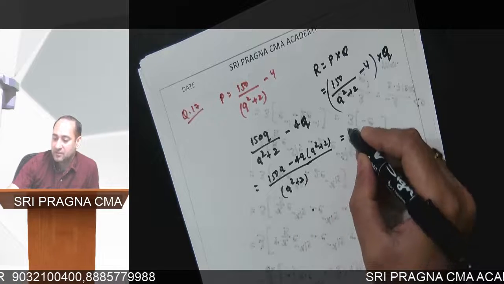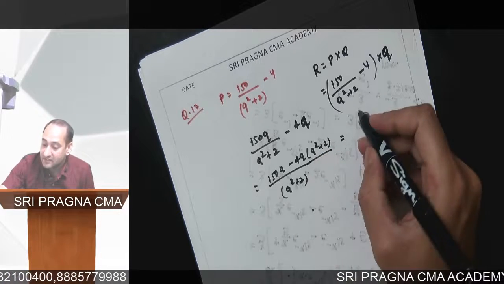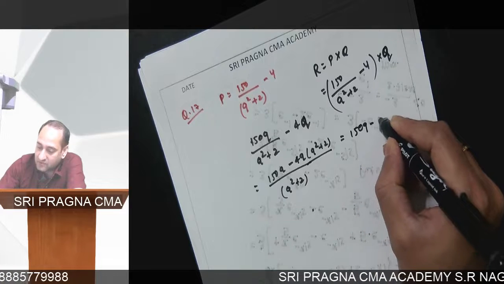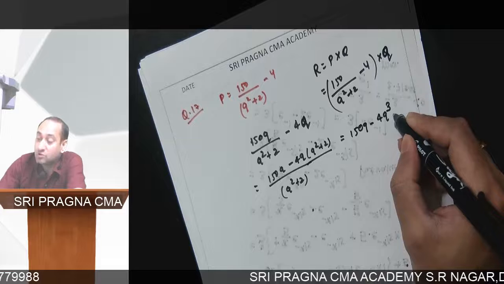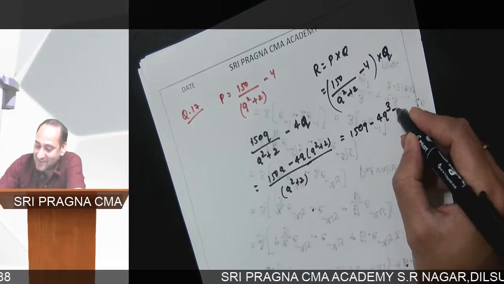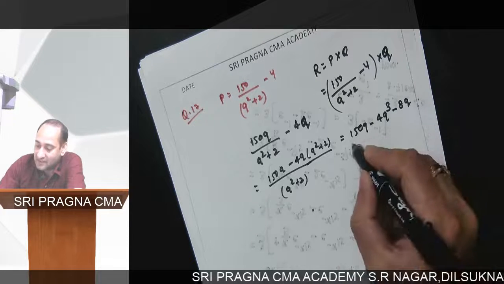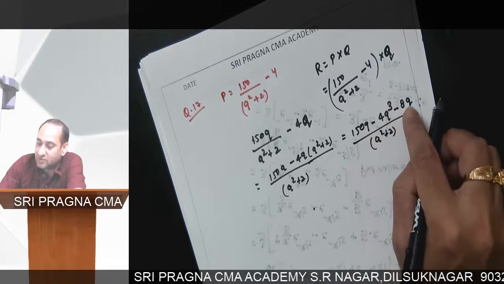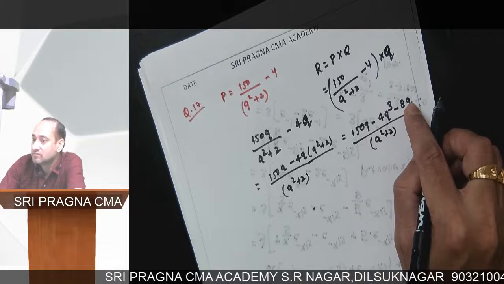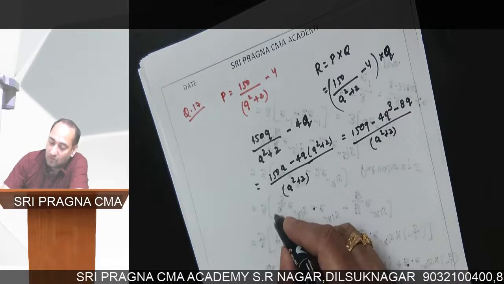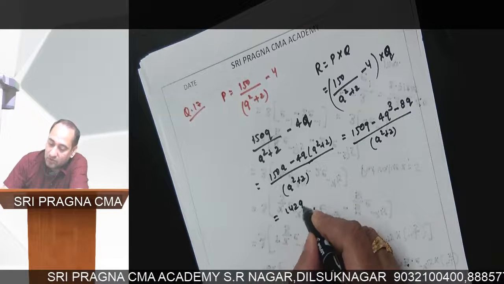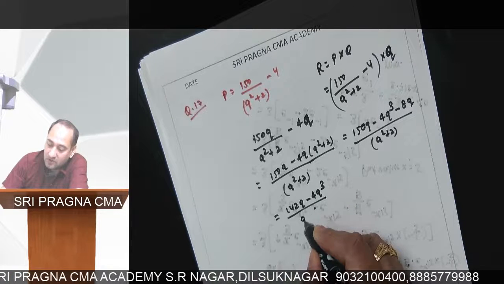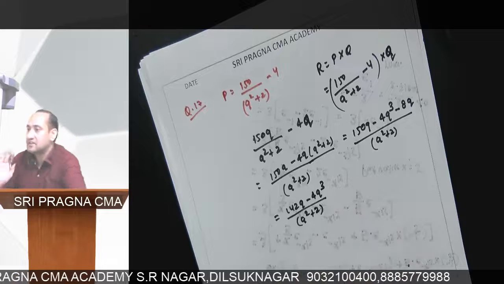So how much will it come? 150q minus 4q cube, minus 8q, divided by q square plus 2. So 150q minus 8q comes to 142q minus 4q cube, divided by q square plus 2. We have reached up to this level.